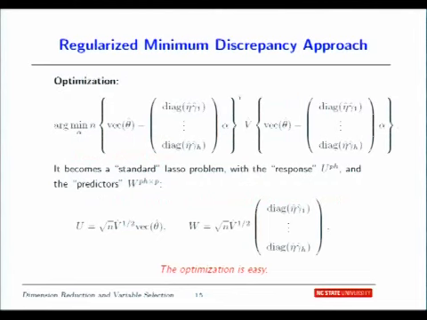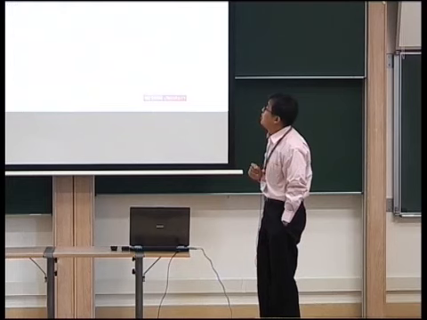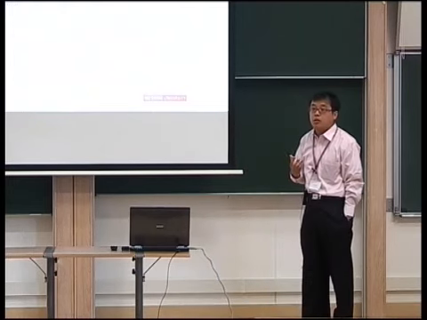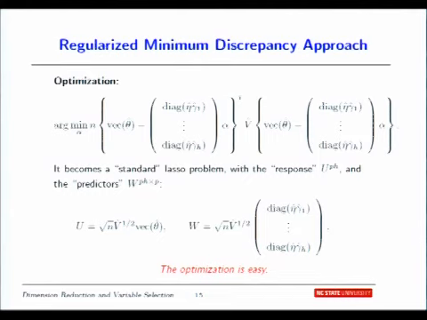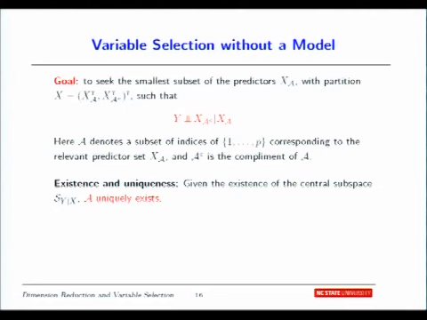Now on this slide, I just want to mention quickly that the optimization of this problem turns out to be fairly straightforward if we rewrite that objective function, and we can turn it into a standard lasso type problem. So we can use any existing lasso algorithm to do the computation. So the take home message here is the optimization is fairly straightforward.